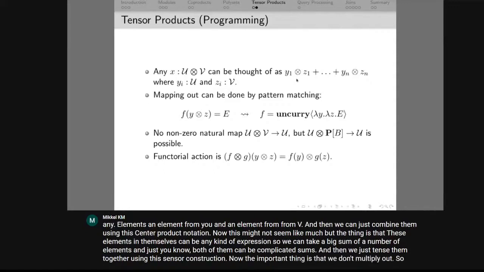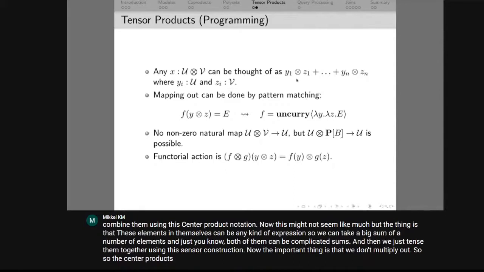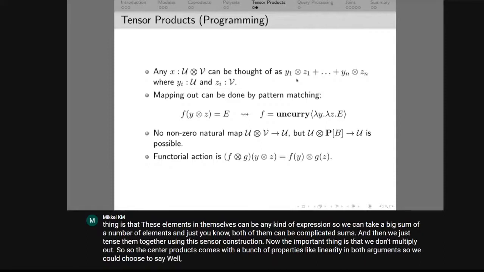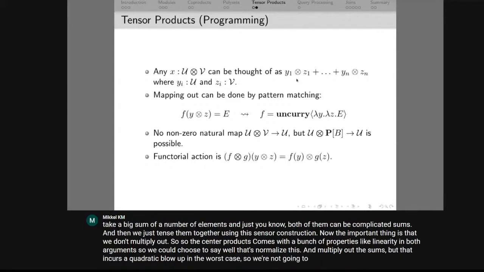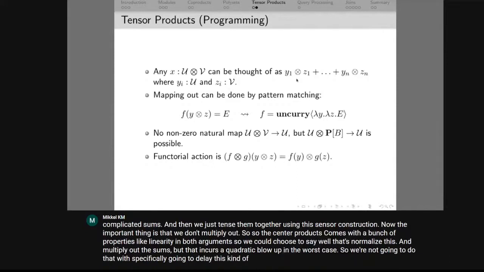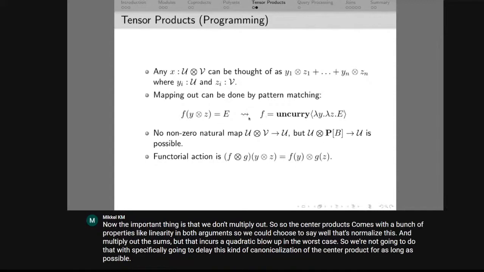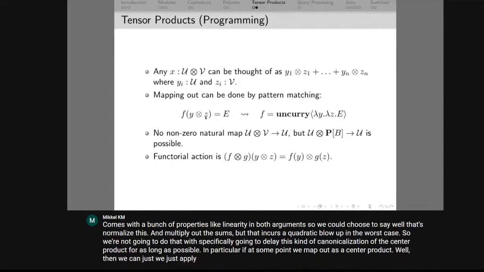The tensor product comes with a bunch of properties like linearity in both arguments. So we could choose to normalize this and multiply out the sums, but that incurs a quadratic blow-up in the worst case. So we're not going to do that. We're specifically going to delay this kind of canonicalization of the tensor product for as long as possible. In particular, if at some point we map out of the tensor product, then we can just apply the function to each argument separately.